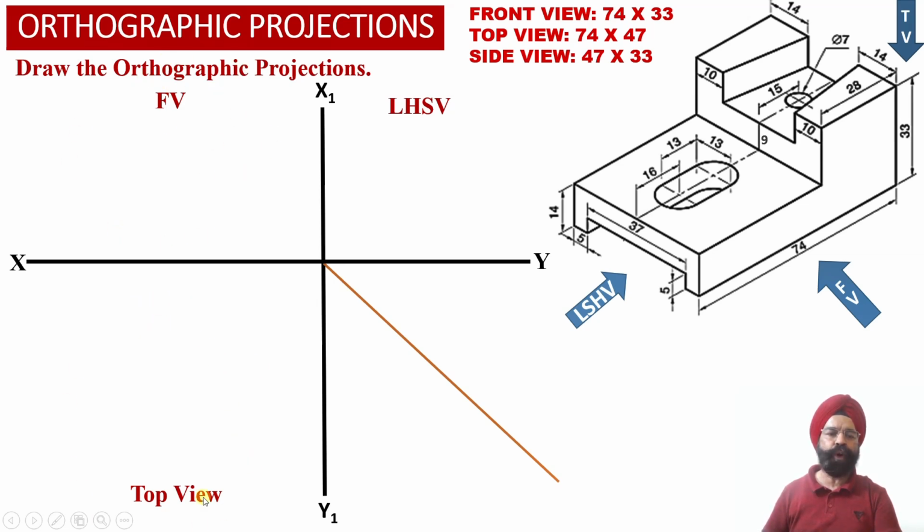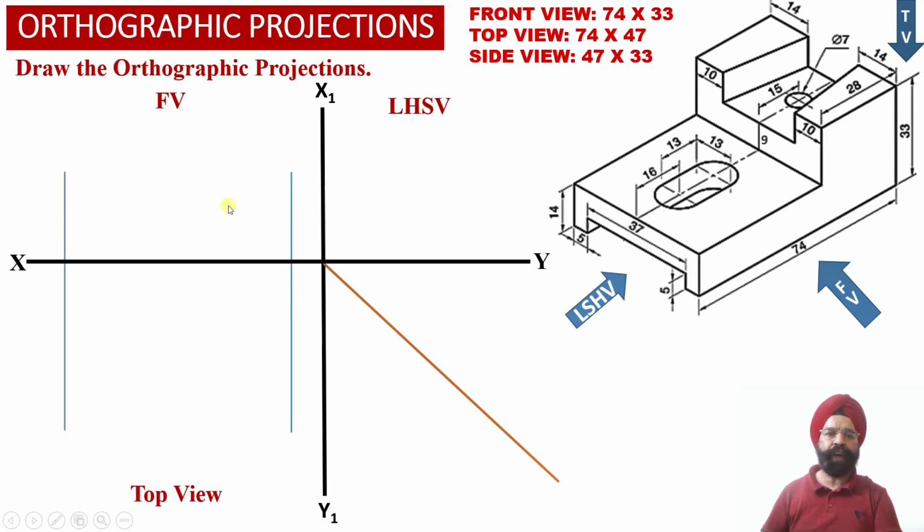Similarly, the top view orthographic projections will be obtained below the XY reference line, and the left hand side view orthographic projections of the solid will be obtained on the right hand side of the front view, above the XY reference line. We know that the dimensions of the front view face of the solid are 74 millimeter width of the solid and 33 millimeter height of the solid.